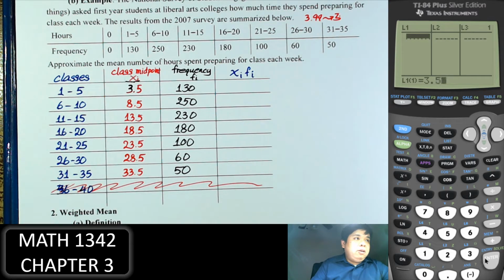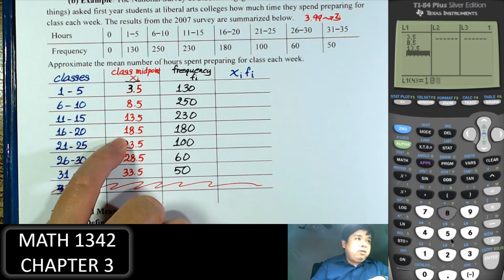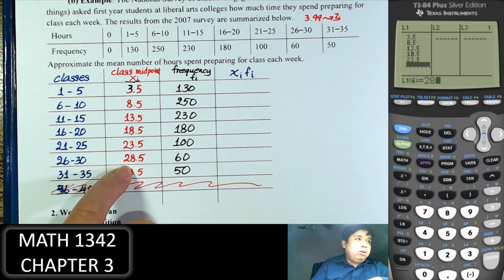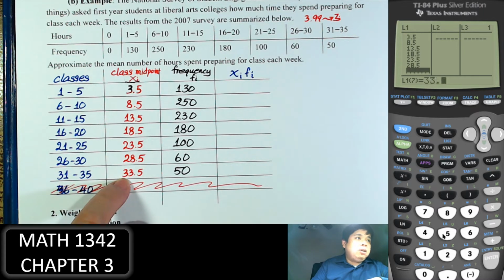In L1 we enter the midpoints: 3.5, 8.5, 13.5, 18.5, 23.5, 28.5, 33.5.